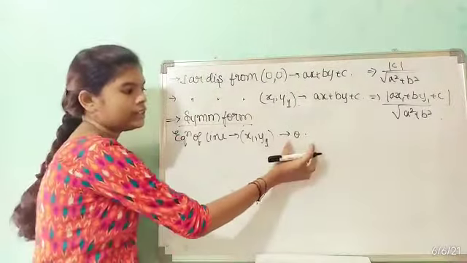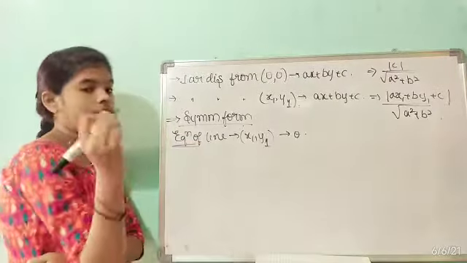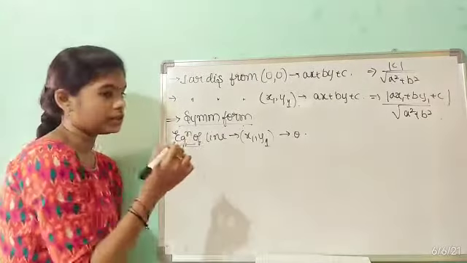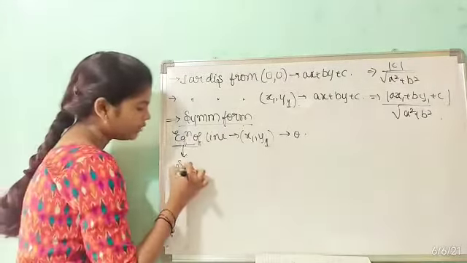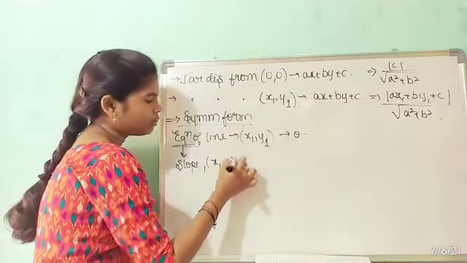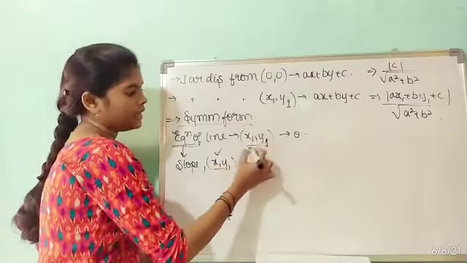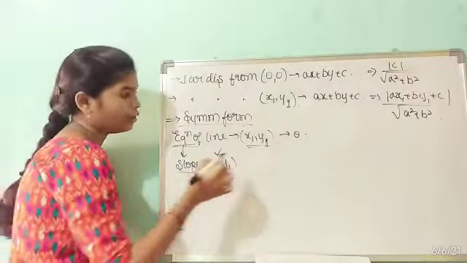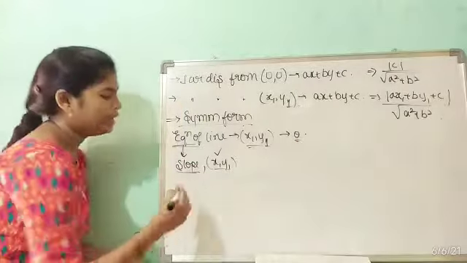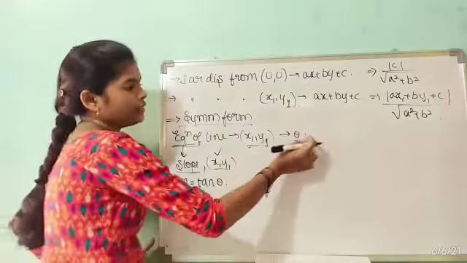If you are given theta as the inclination, to find the line we have to follow two conditions. First, we have to know the slope, and second, we have to know the point from which it passes. This point is known to you as x1 comma y1. Instead of the slope, we know the angle, but slope is simply m is equal to tan theta. Here theta is already given.